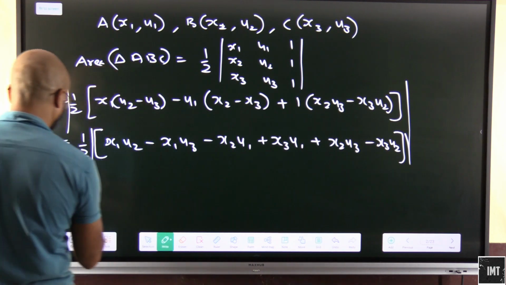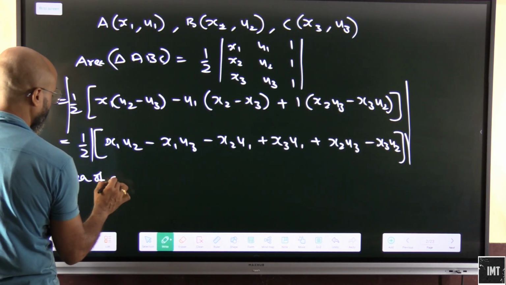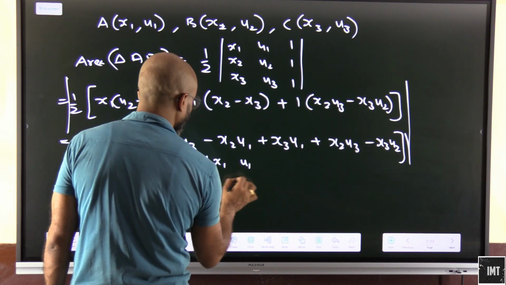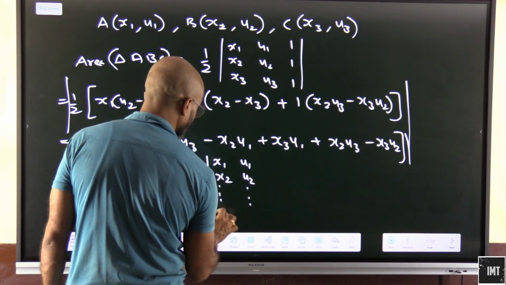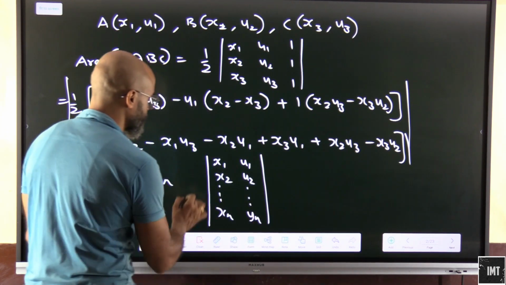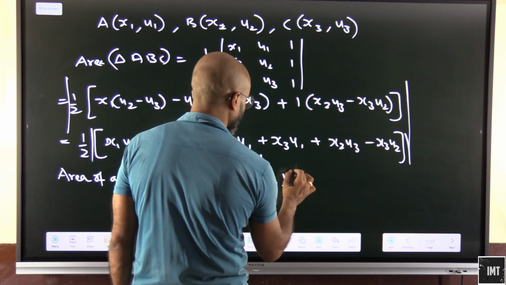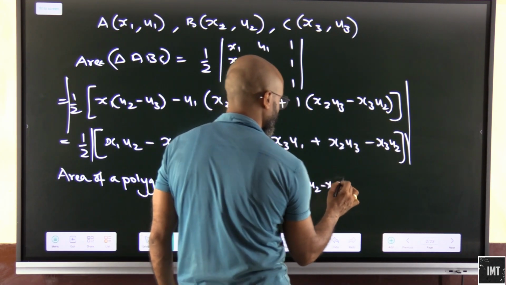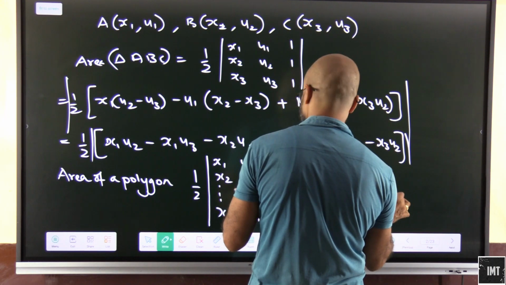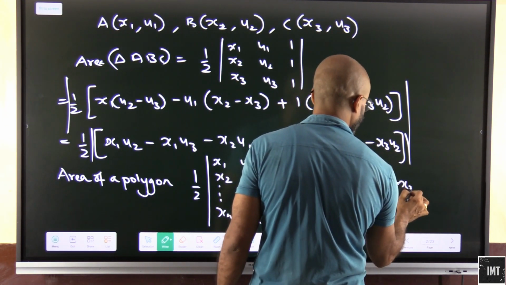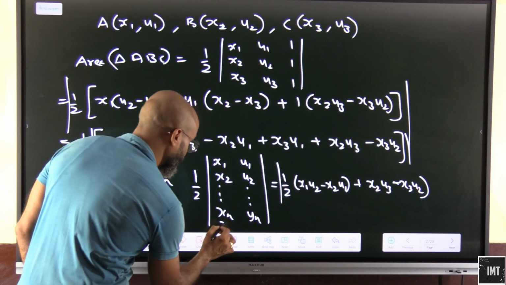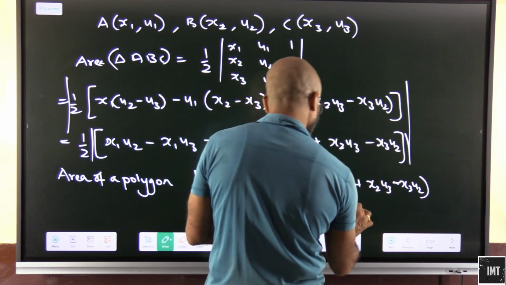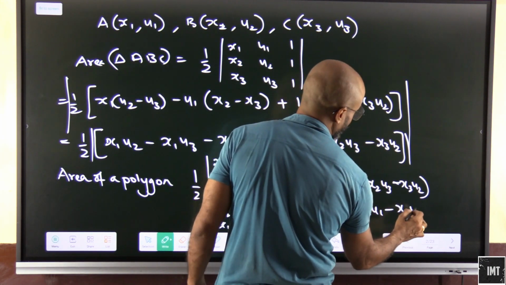Now if we take out the area of a polygon, using the staircase method, x1 y1, x2 y2, going on till xn yn, the area will be half of the mod of x1 y2 minus x2 y1 plus x2 y3 minus x3 y2, and so on, ensuring we put x1 y1 last, till xn y1 minus x1 yn.